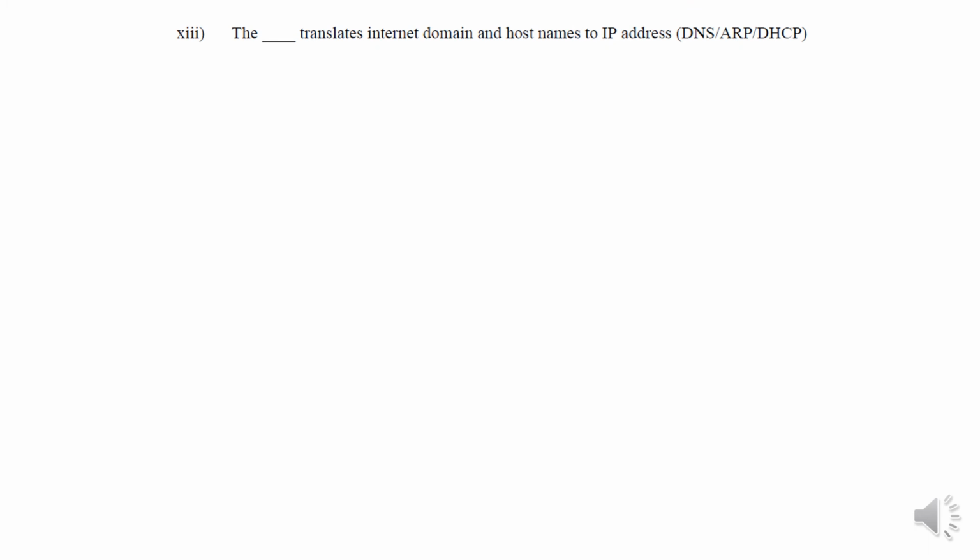The dash translates internet domain and host name to IP address. So what is an internet domain? Internet domain or host name, these are basically google.com, yahoo.com, these are kinds of internet domain or host name we can consider.